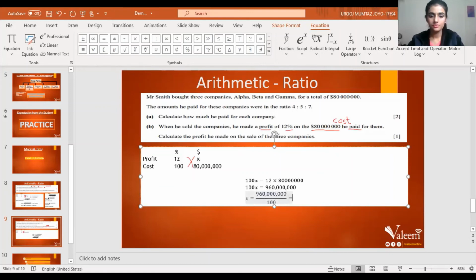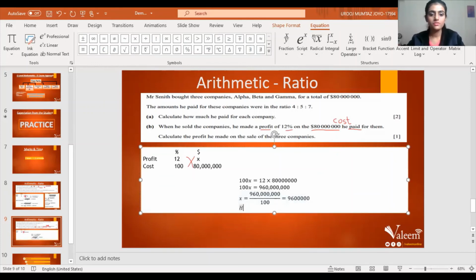We get 9.6 million basically. So he made a profit of $9.6 million.